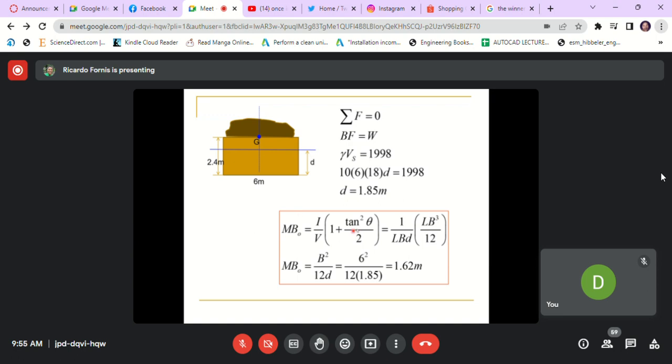This is the formula for the MBO, the distance from M to BO. And because we are interested in the initial, then we don't use the tangent squared of the angle. So the angle there is 0, initial. That means tangent 0 is 0. We just use the I over V.